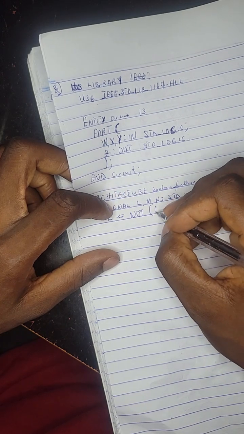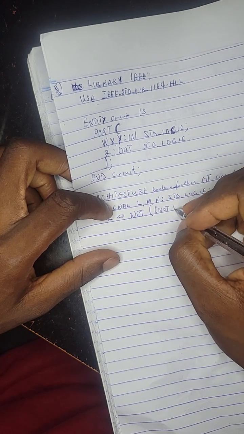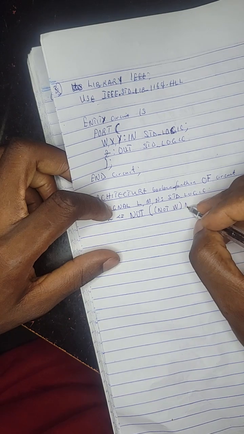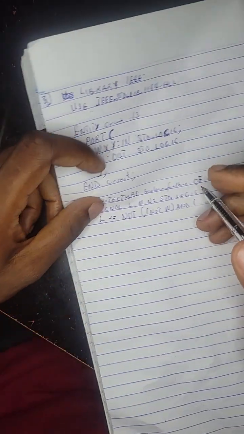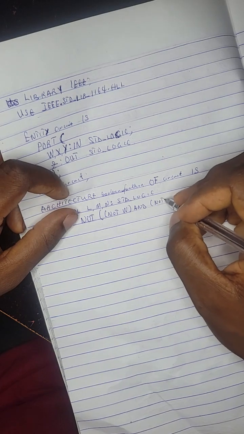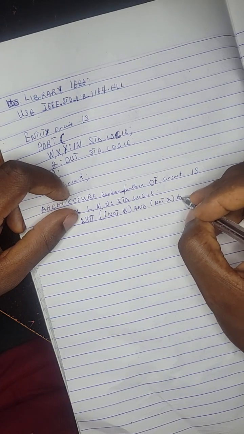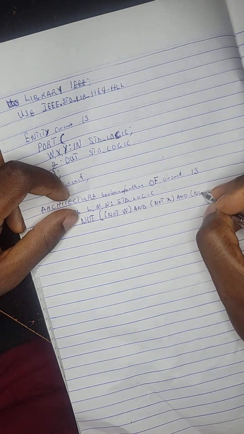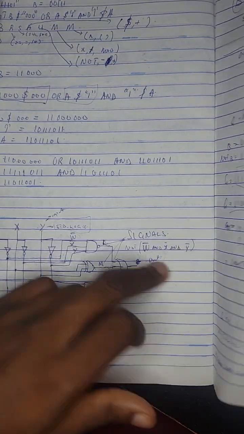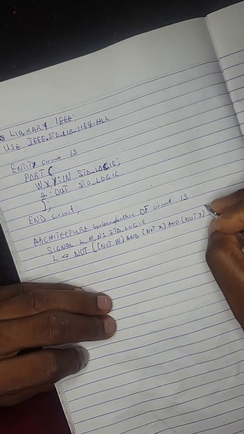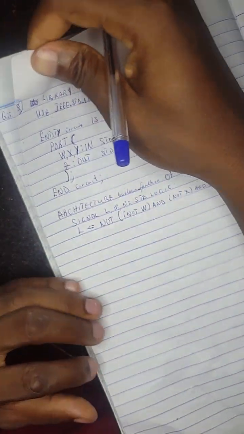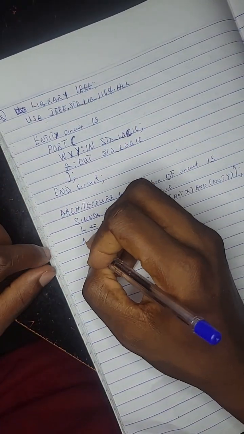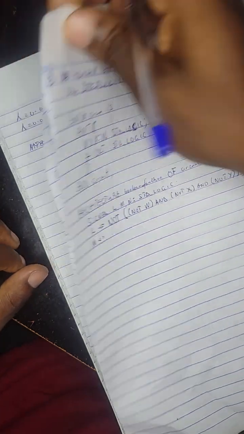If you want to represent W bar, it's also going to be not W, and not X, and not Y, and all of them close brackets. So that's for L.